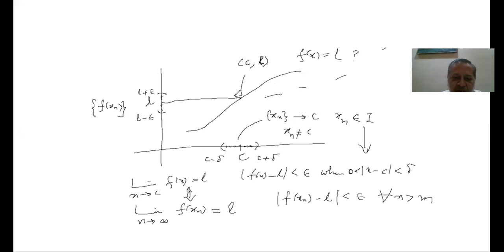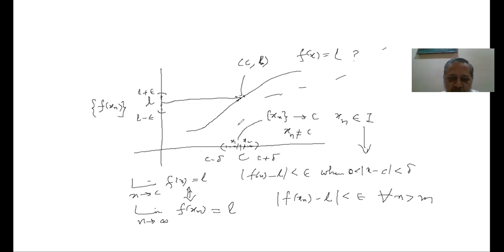ये जो हमारा sentence है ये क्या कहता है कि when x is very, very close to C, then f(x) is very, very close to L. The images are very, very close to L. So expressing the same thing, if you consider some x1 and x2 very, very close to C, then the images are very, very close to each other.